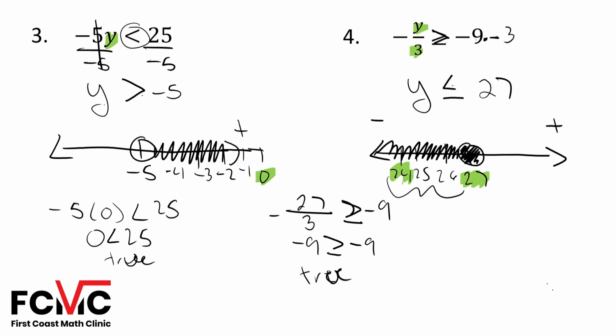And if we had to do any more complex math here, it'd be easier to not have to work with decimals. You want a number that's easily divisible by that denominator. All right, so let's do negative 24 divided by 3 is greater than or equal to negative 9. And we're going to get negative 8 is greater than or equal to negative 9, which is a true statement.